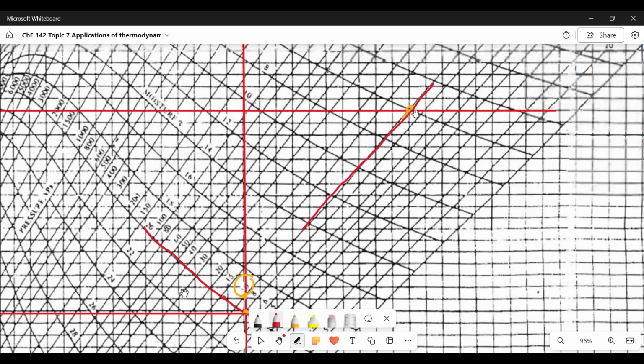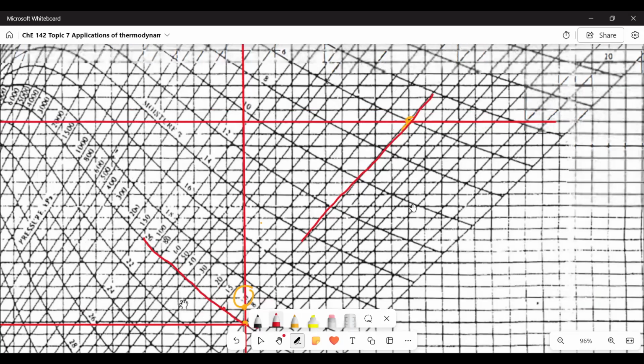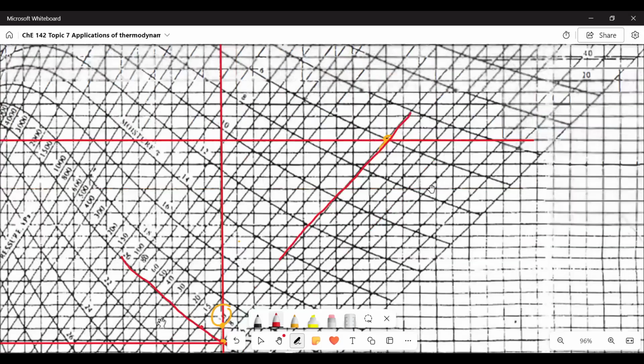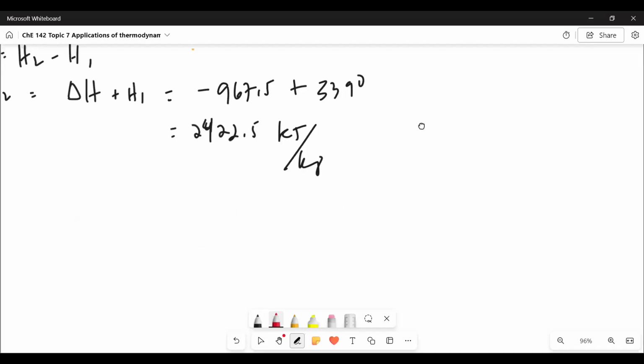So from here, we read the moisture. What's the moisture? Moisture is 6.